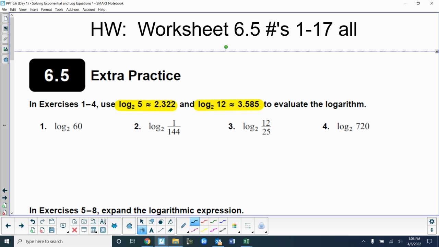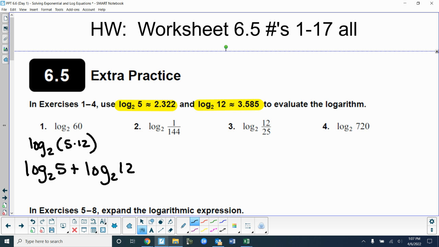I'll do one like they want us to do, but then I'll do one with the calculator just to remind you. All right, how can I rewrite 60 if I have a 5 and a 12? 5 times 12, right? So this is the same as log base 2 of 5 times 12, which according to our properties of logarithms, I can expand into that problem, right?